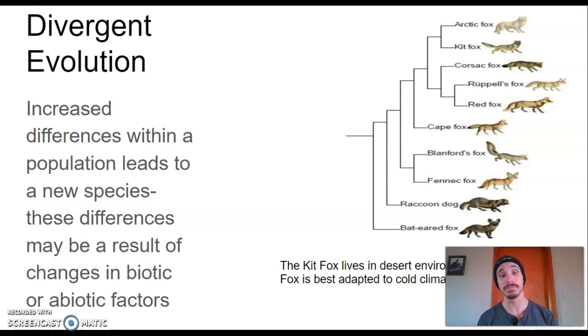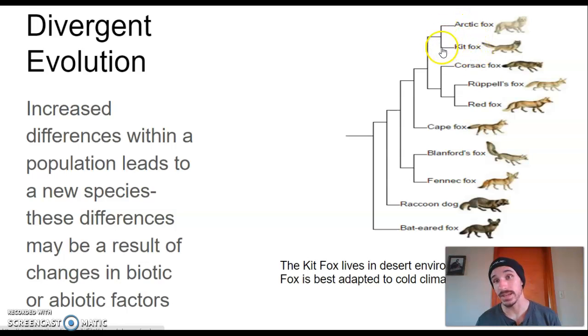Now these differences may be the result of changes in biotic or abiotic factors. Biotic factors mean life factors, and abiotic factors mean non-life factors, and we'll talk about examples of both. But my example on the right is the kit fox, which lives in desert environments, and then we have the Arctic fox, which is best adapted to cold environments, which we see here and here.